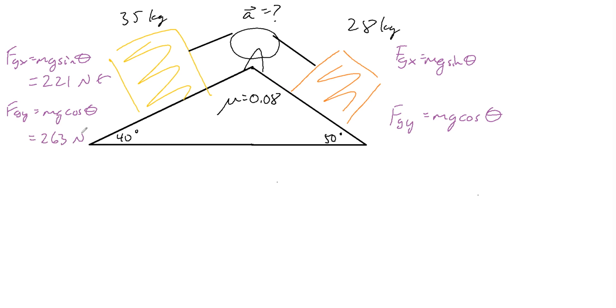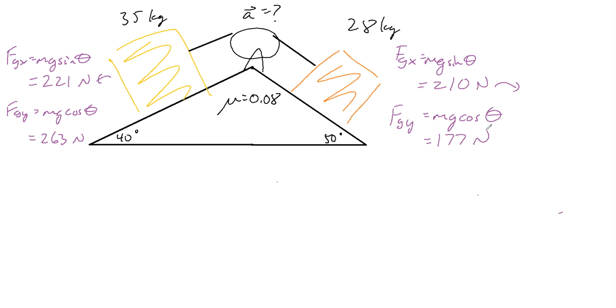Okay, now we'll do the exact same thing for the other side. And when I punch those out, my mg sine theta, I've got around 210 newtons, trying to go this way. And my FGY, if I punch that out, looking like around 177 newtons over there.